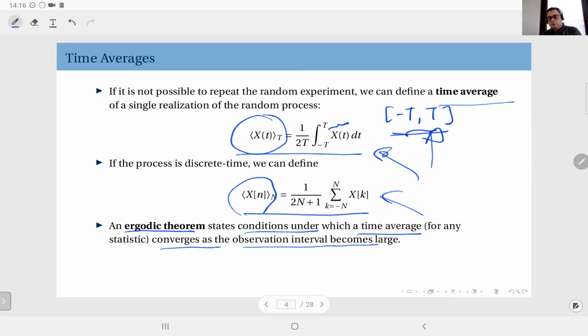So we will see a few examples of ergodic theorems, and essentially you can define this not only for the mean, but also other statistics like autocorrelation, etc. So an ergodic theorem will be a theorem stating the set of conditions under which this time average really converges to the true mean value.